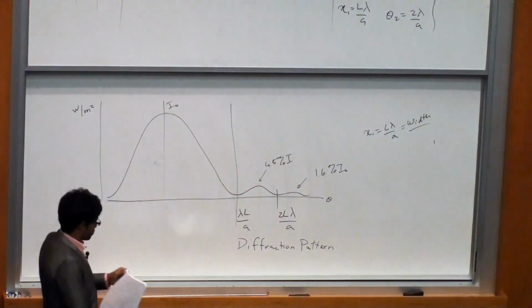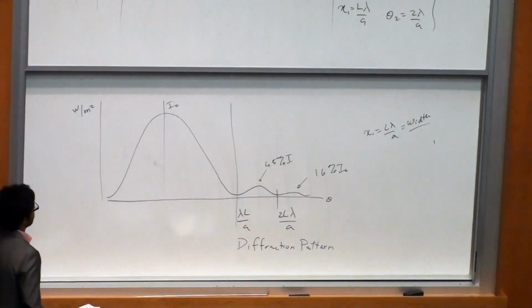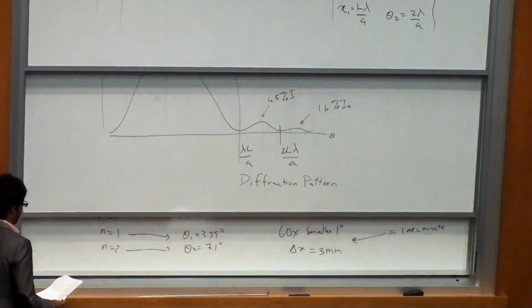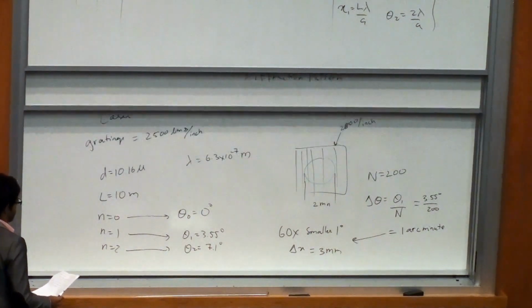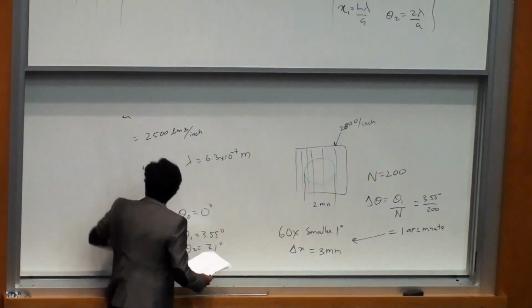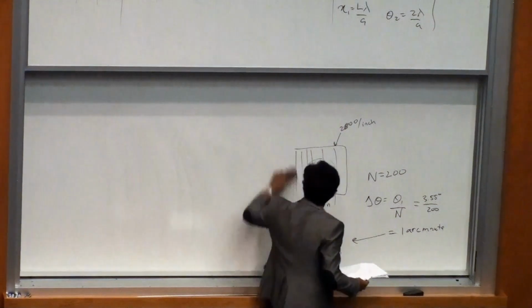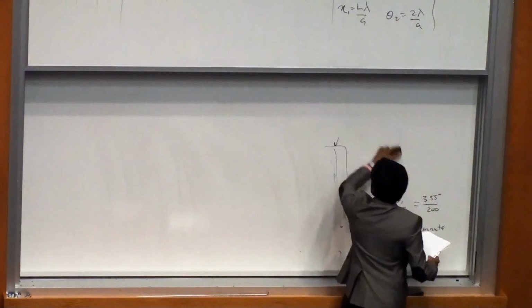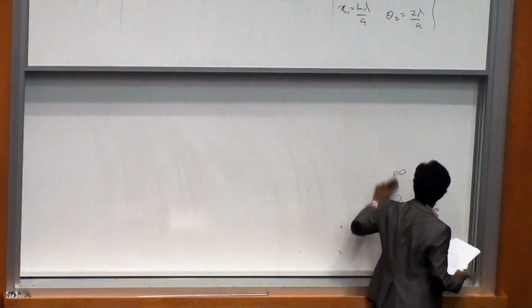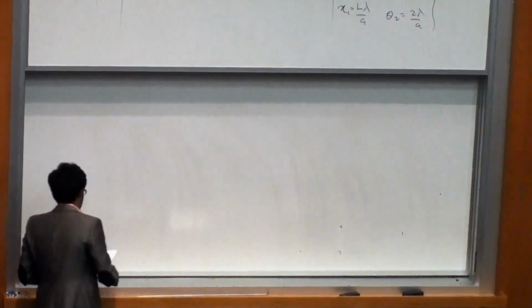That's for the vertical slit. Now let's say instead of that vertical slit, I have a circular opening.